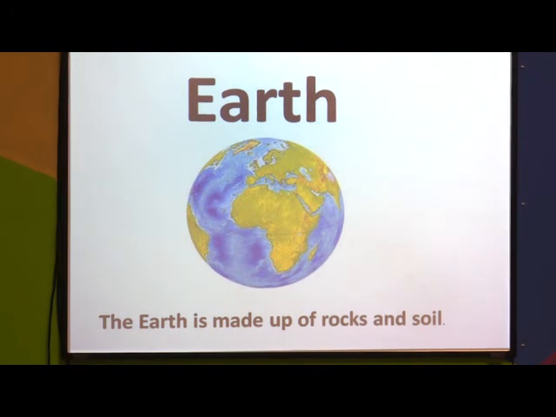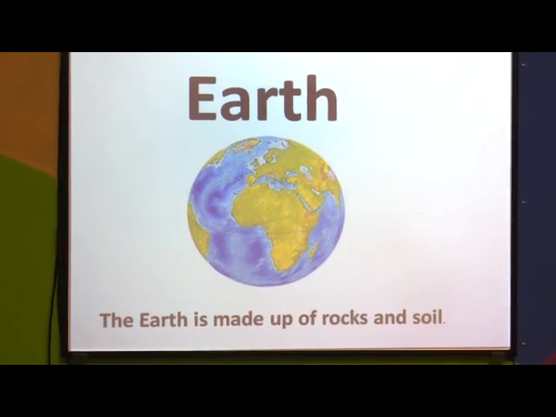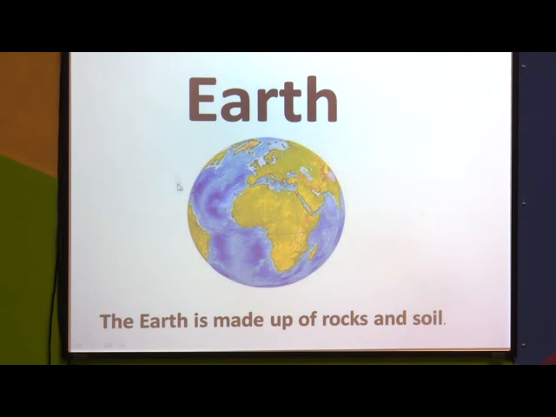Millions of years ago our earth was a big ball of dust and gases. Then what happened? The earth was very hot and there was no life on earth. Can you see this? This is looking like a ball. What is there in the ball? It is filled with gases and dust.